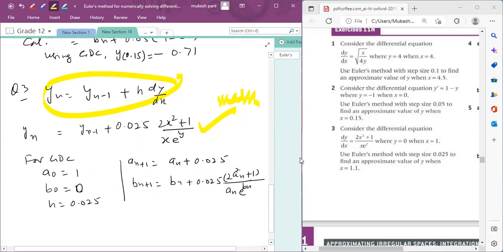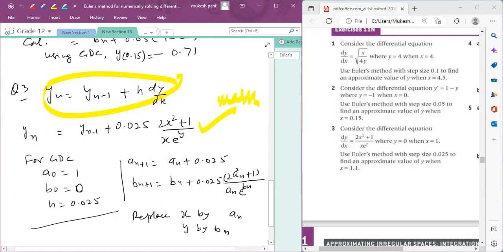You replace x by an and y by bn. Keep that in mind, this is for your calculator.